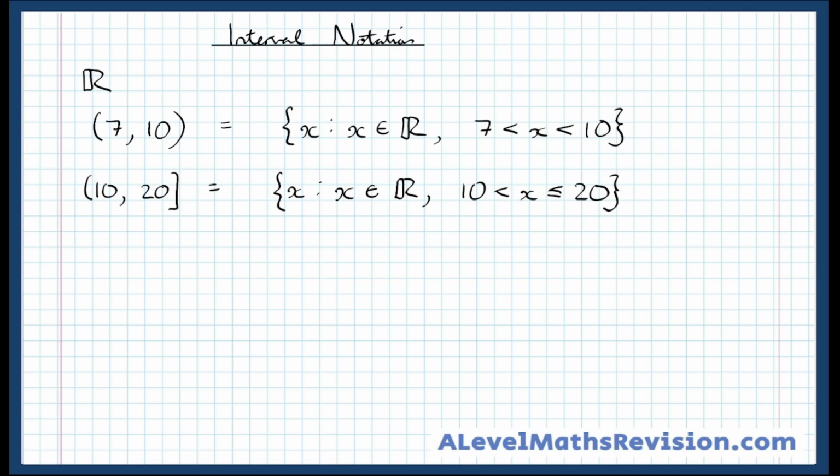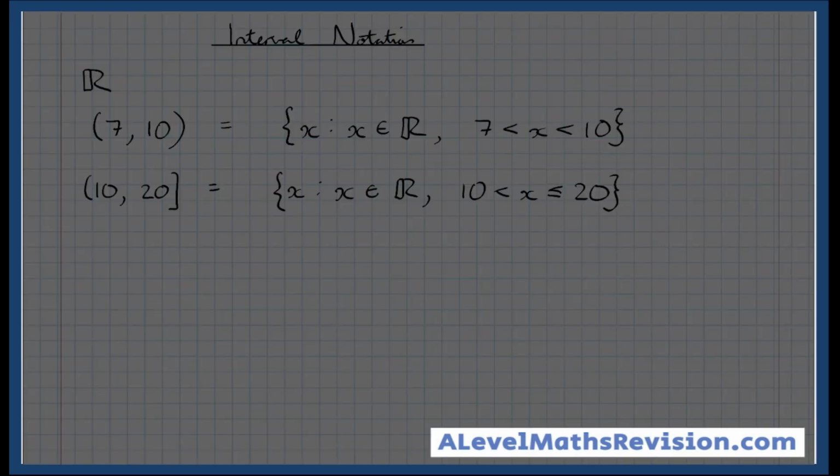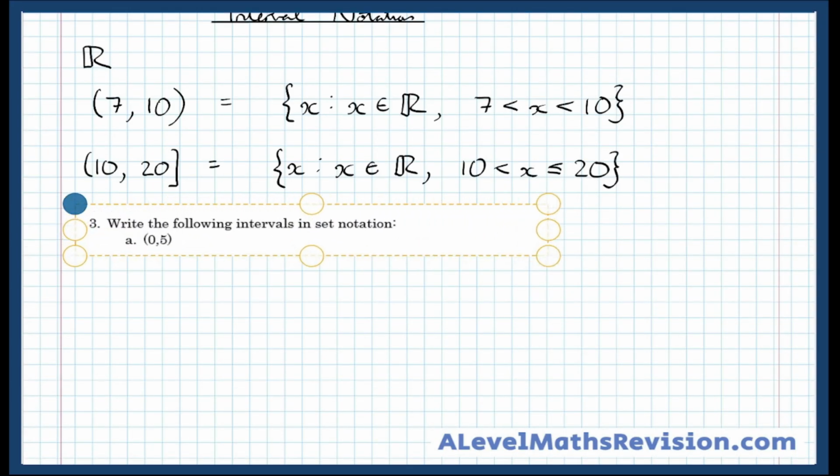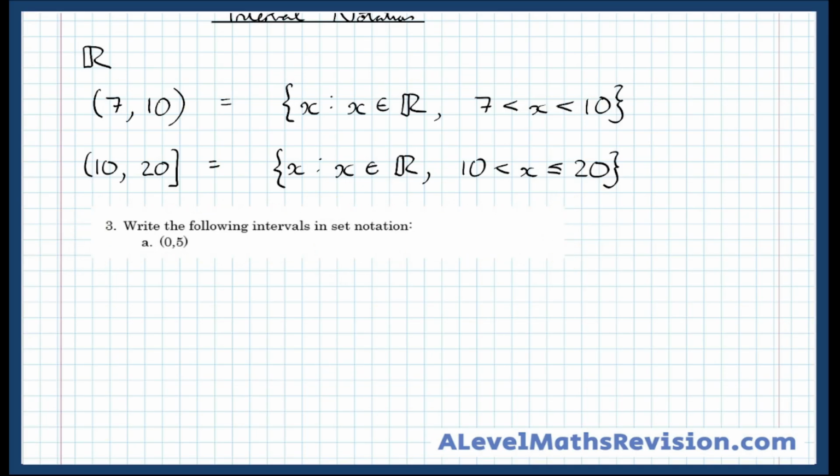So let's have a look at an example question. Write the following intervals in set notation. The first one there, curvy bracket, 0, 5. You might want to pause and have a go at it yourself. But I'll get on with it.